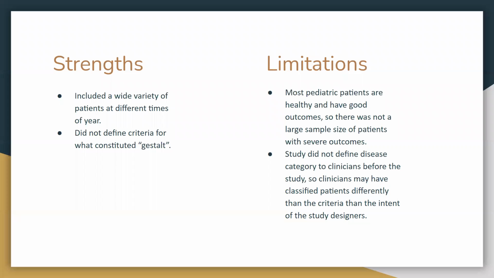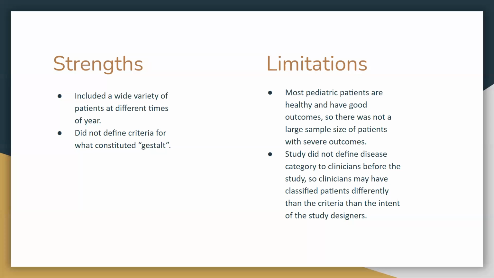Limitations of this study. So again, most kids are healthy. They had a pretty small sample size of patients that have severe outcomes. They could improve upon this by just gathering more data on this study and hoping that you capture more patients that have severe outcomes.